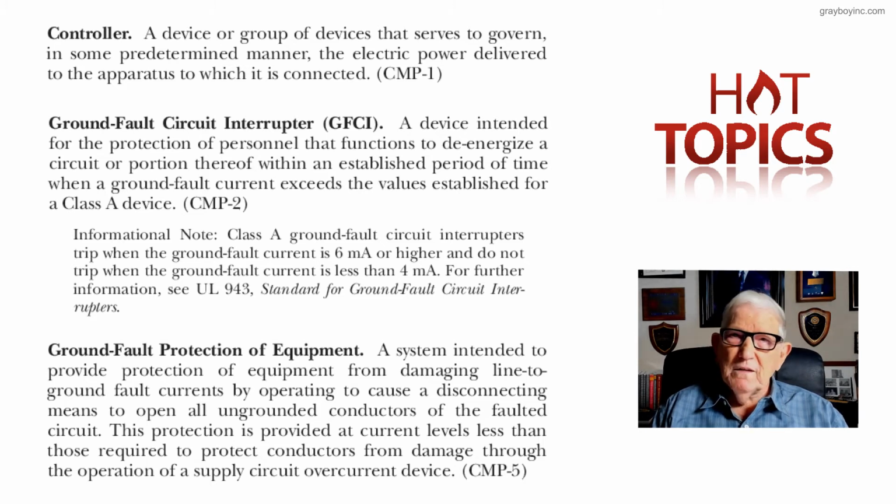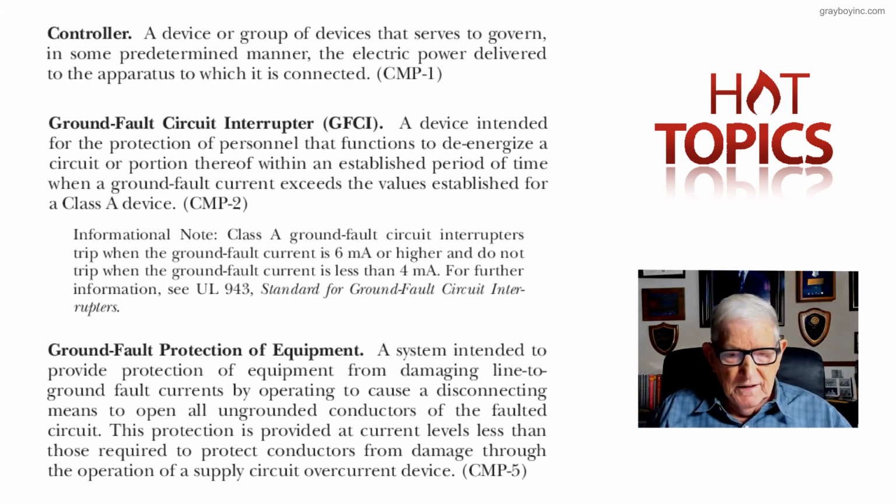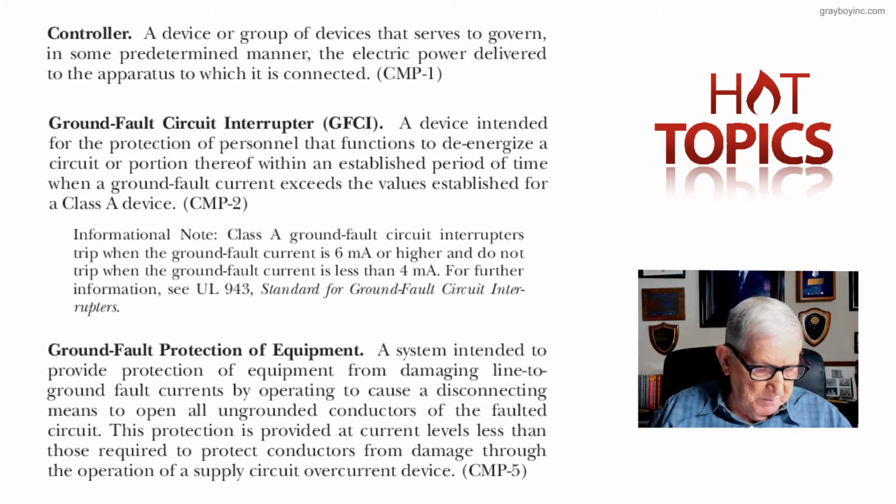And of course, we can get the definitions of GFCIs and ground fault protection of equipment. Now we go to page 36, if you want to do that, and kind of wrapping this up, bringing it to an end. When we look at GFCI protection, we're on the right-hand side of page 36, right at the very top, and the title is Ground-Fault Circuit Interrupter.